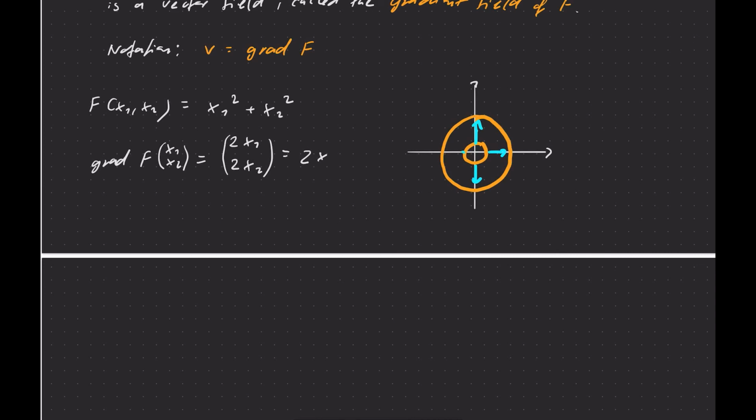Yeah, so they're pointing outward because the function increases as it moves away from the origin. So this is the gradient field of that blue function.